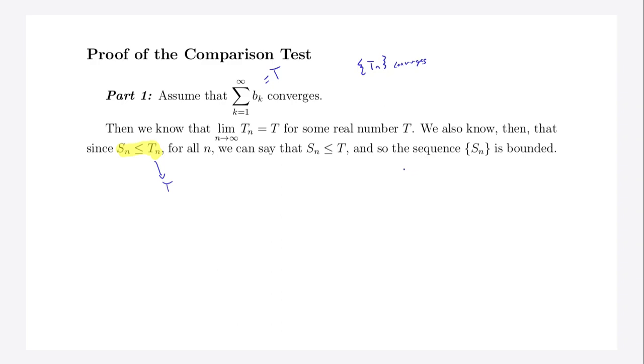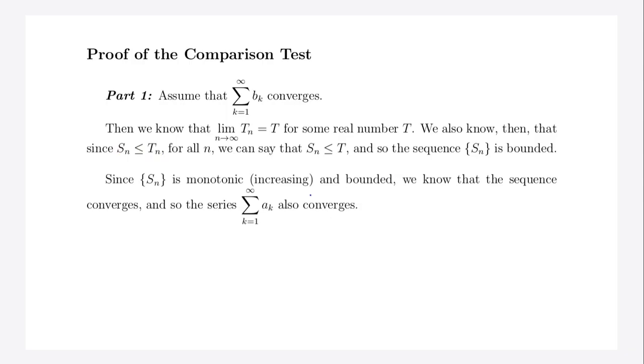Now we knew that it was increasing, so it's monotonic, and now we know that it's bounded. That means this sequence of partial sums, S sub n, which we didn't know much about, it has to converge. And so also our series converges. We don't know what it converges to. Here we had this one converging to t, and here this one equals something. We don't know. But we know that it converges.